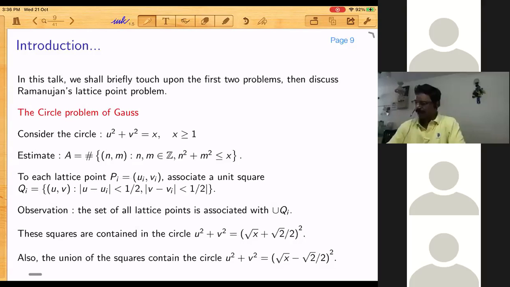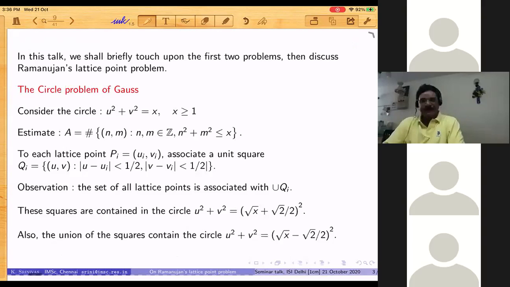And then notice that the union of these unit squares contains the total lattice points.